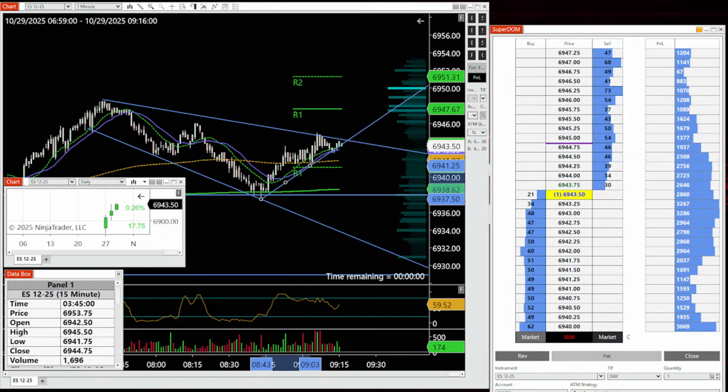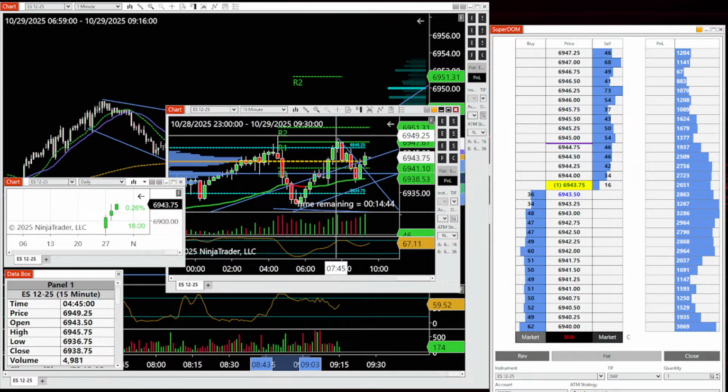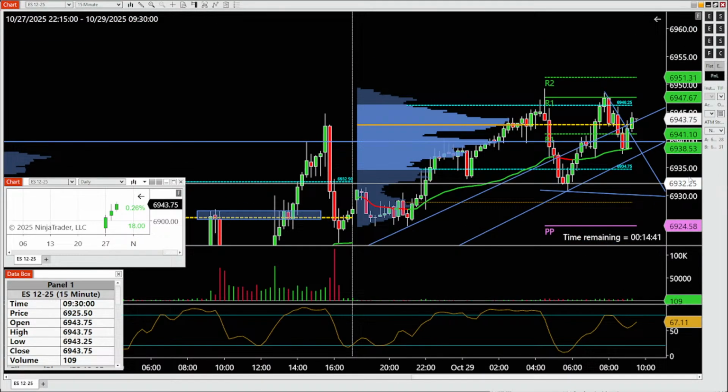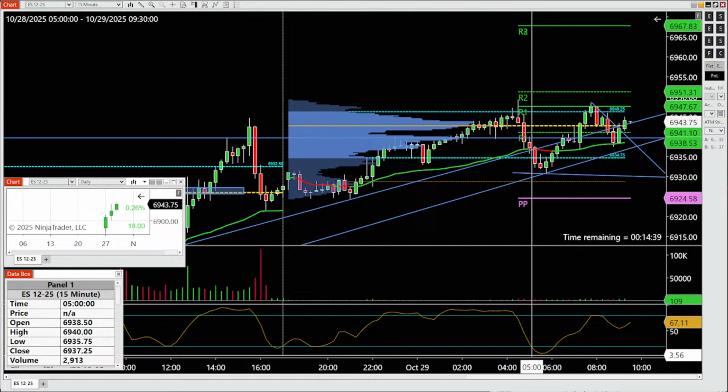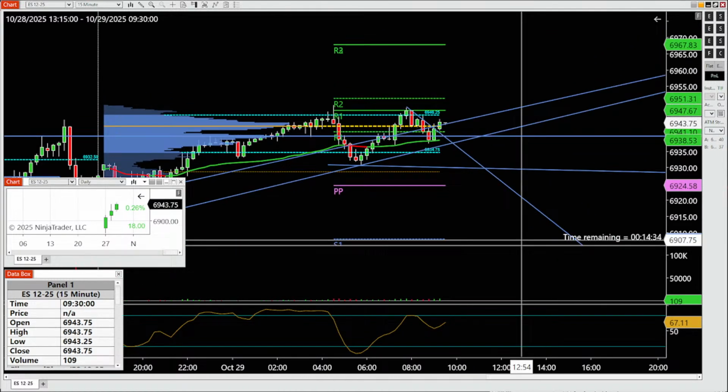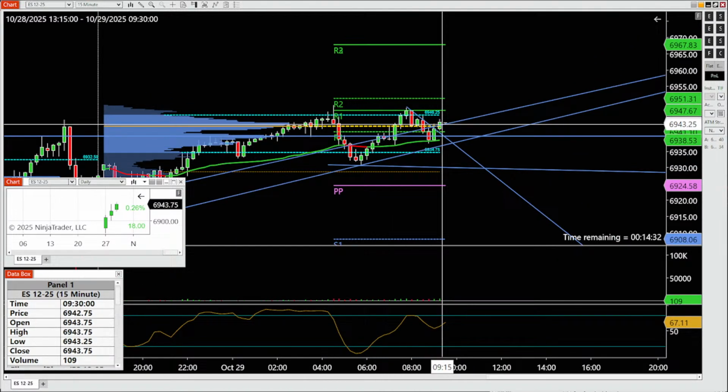See if I can bring out the 15-minute chart, because this looks like it has the better look. So we got a cup and handle.